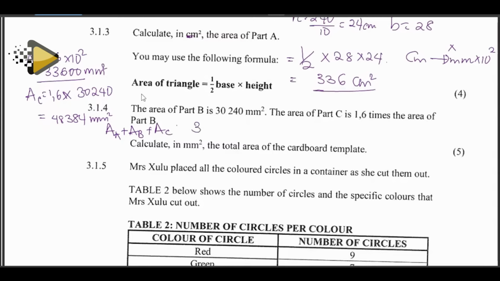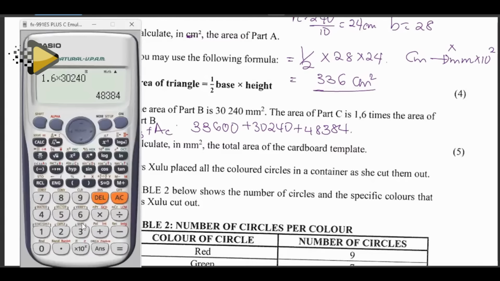So we are adding now 33,600 plus 30,240 plus 48,384. Add everything up and you see what we get. Areas. So 33,600 plus 30,240 plus 48,384.